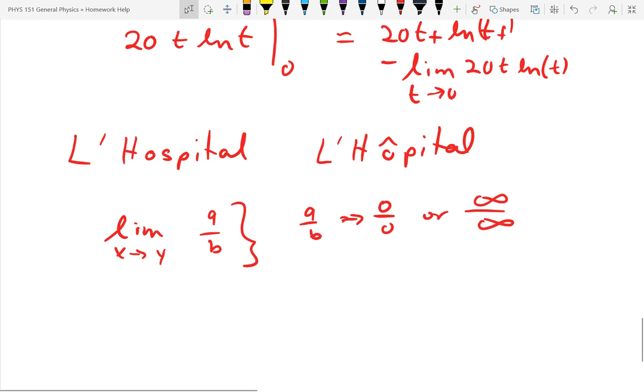In this case, I don't even have a fraction. But t is the same as 1 over 1 over t.